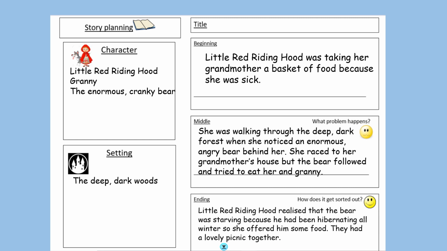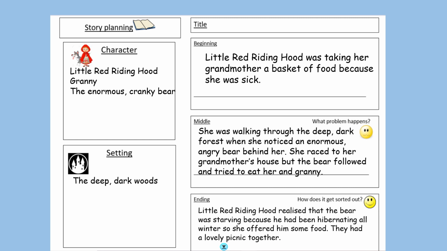So in the beginning, Little Red Riding Hood was taking her grandmother a basket of food because she was sick. So that's just the beginning of the story. It's the same as the original Little Red Riding Hood. Now the middle is where I changed it just a little bit. So she was walking through the deep dark forest when she noticed an enormous angry bear behind her.